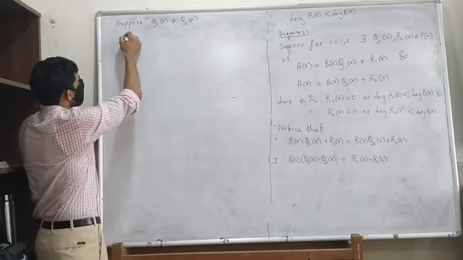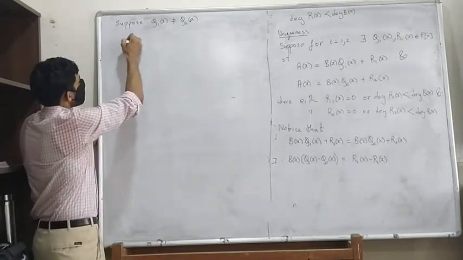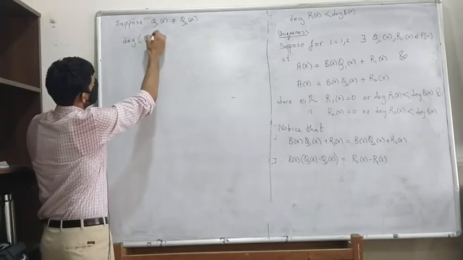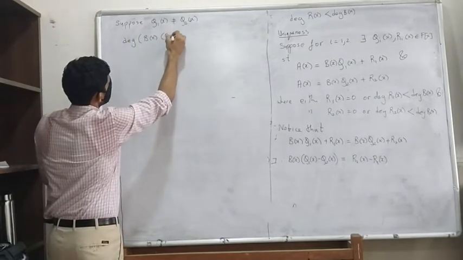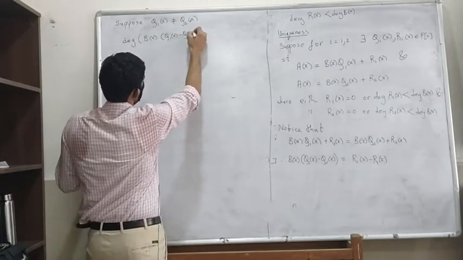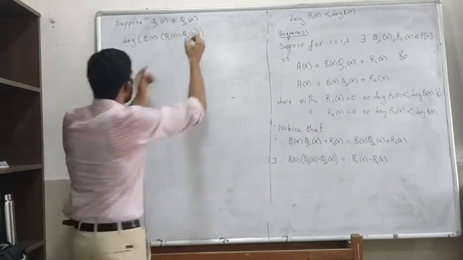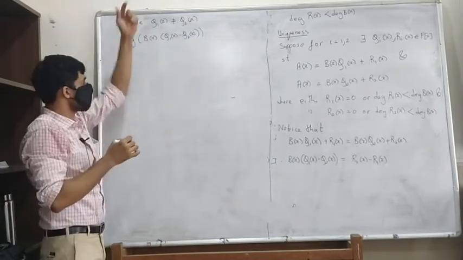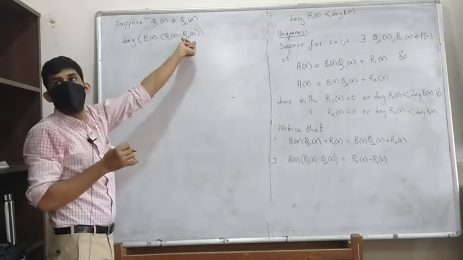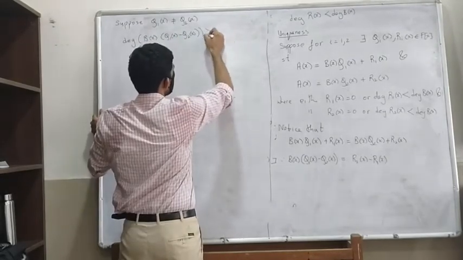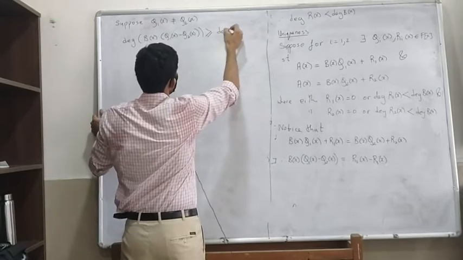It means the degree of B of x times Q1 of x minus Q2 of x, because this is a non-zero polynomial, right? This is a non-zero polynomial, this is a non-zero polynomial. So therefore this is going to be the degree of this plus the degree of this. So this will be greater than or equal to the degree of B of x.